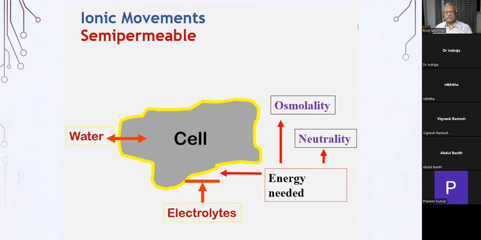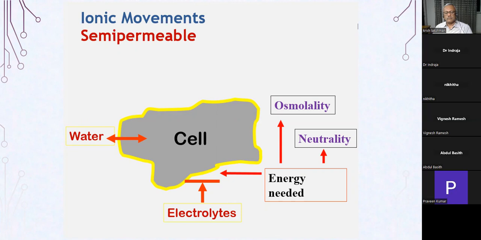So, the general physiology of fluid movement and ionic movements: the cell wall of any cell in our body is semi-permeable in nature. The movement of water through the cell is free, it doesn't need any energy, but the electrolytes or any ions require energy to move across the cell membrane.